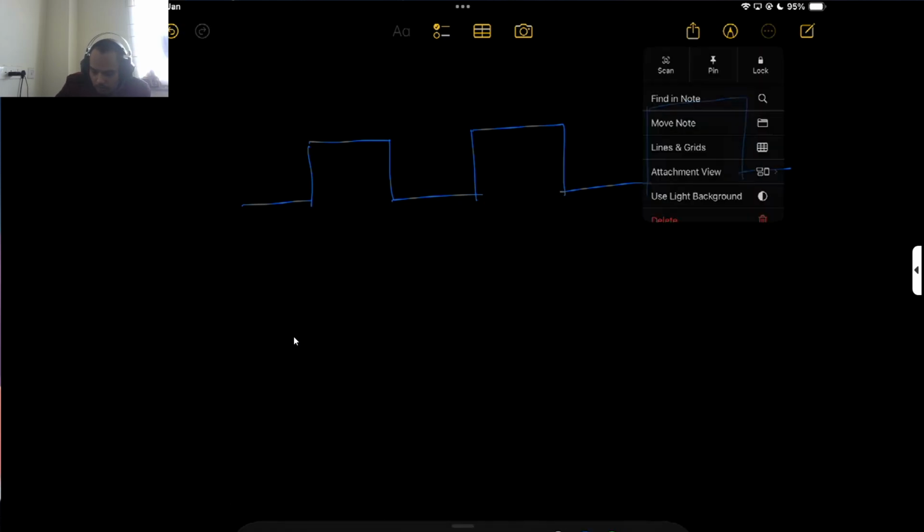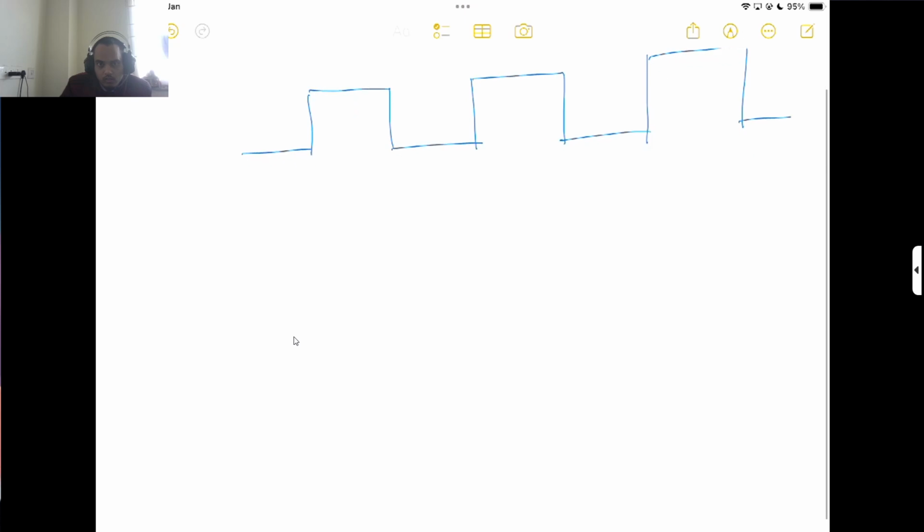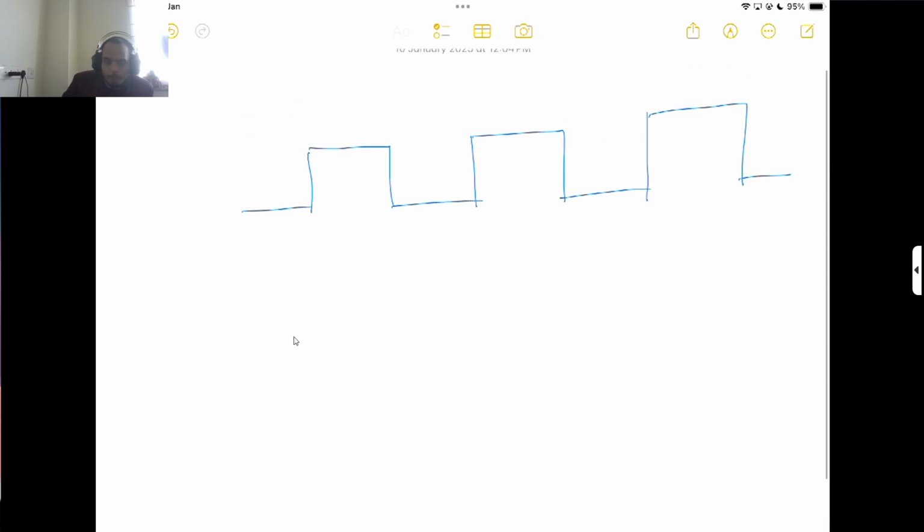If I say this is my write clock, the write clock is telling us that my first clock is right here and the next clock is right here. So between them, one extra clock cycle is required.